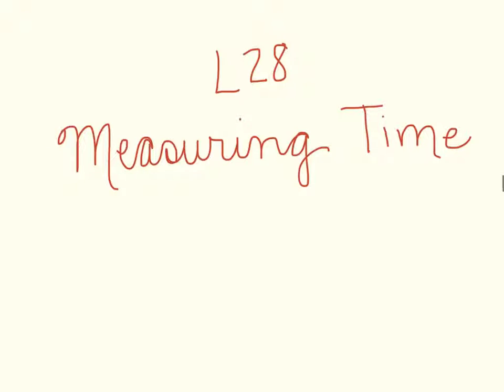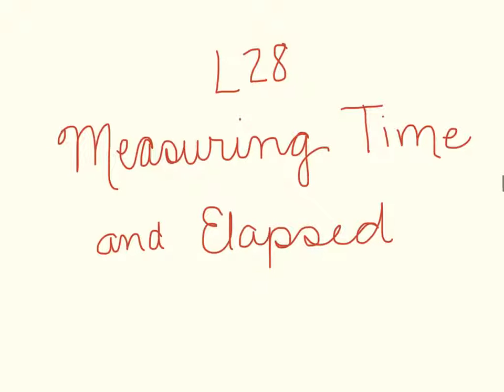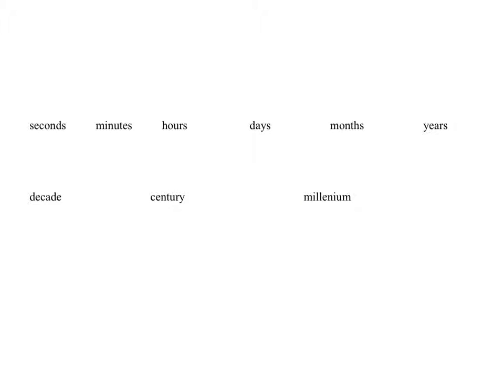And then with elapsed time, that is figuring out the time distance between two events. So with elapsed time, you look at the start and ending time, and then you can figure out the time in between the two.